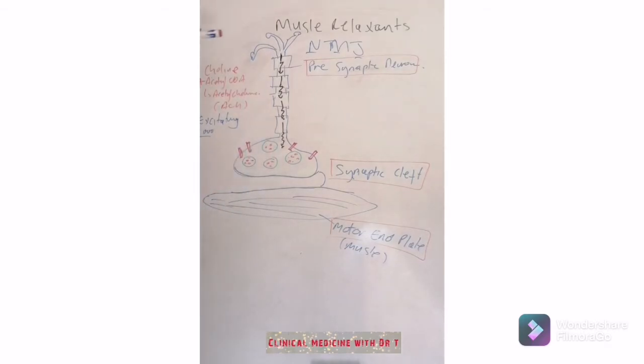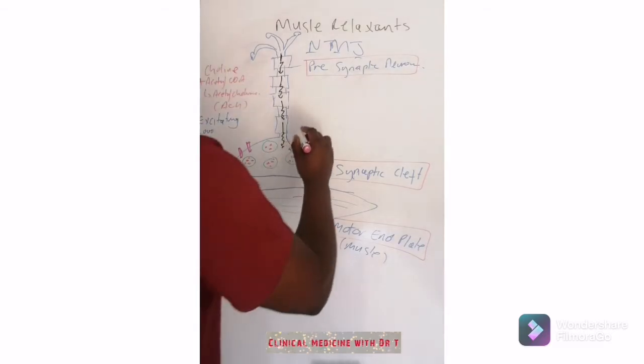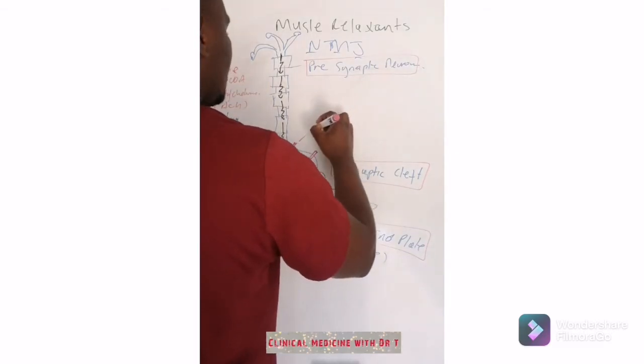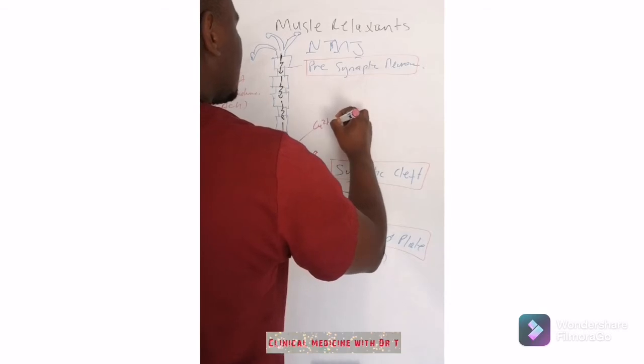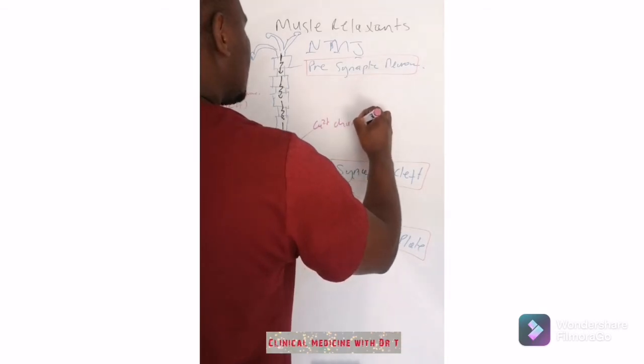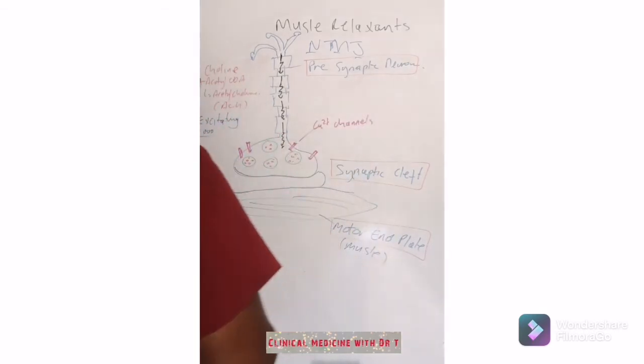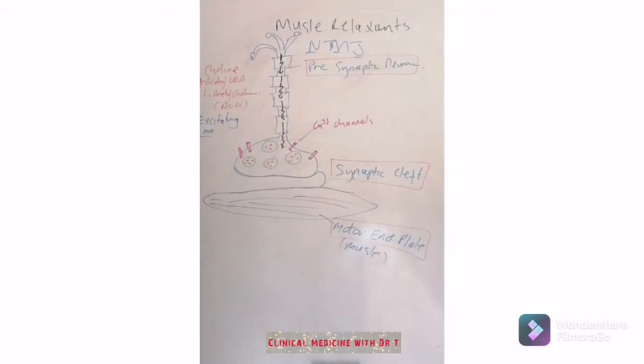So the minute an action potential is transmitted down this axon and enters here, it causes calcium channels to open. Calcium channels open in response to an action potential.